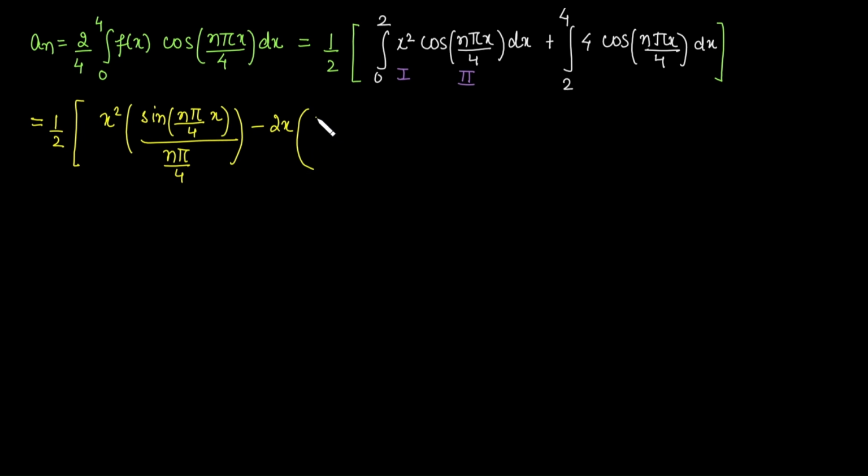Integration of sine is minus cos of n pi by 4 into x divided by n pi by 4. Already n pi by 4 is there, so we can write this as n pi by 4 square.